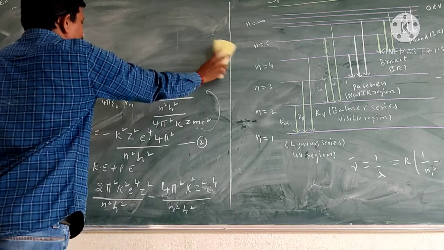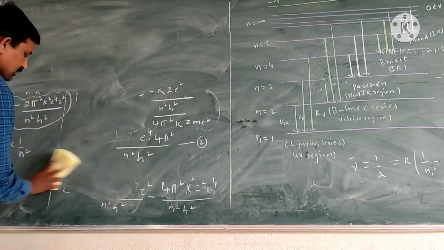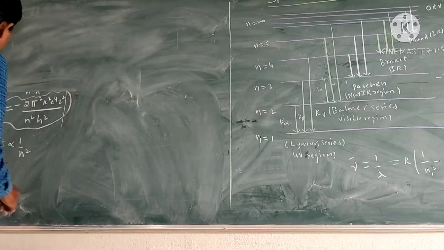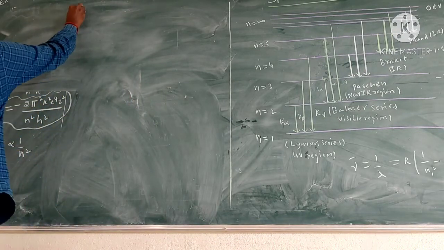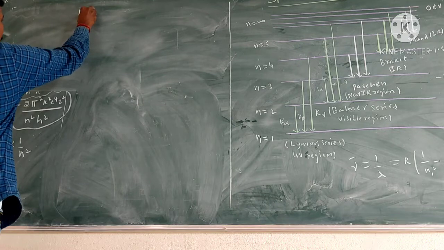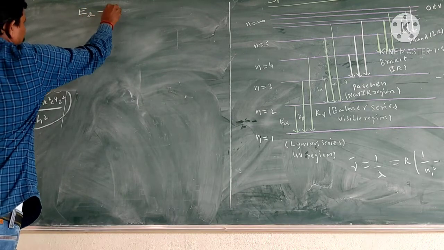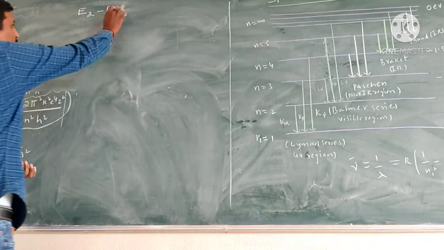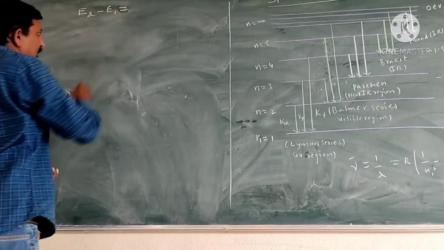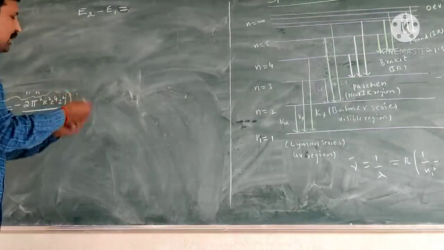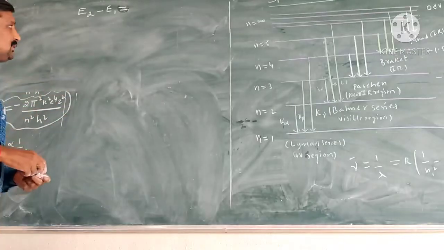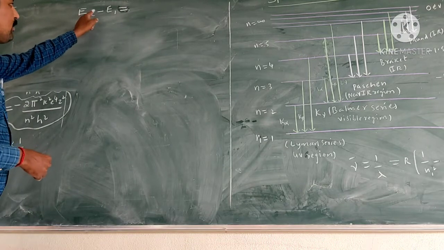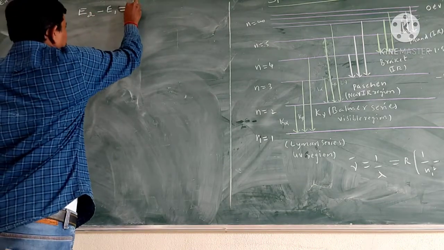According to Bohr's third postulate, if the electron jumps from one energy level to another energy level, some amount of energy is emitted or absorbed. The absorbed or emitted energy E2 minus E1 is equal to h nu.